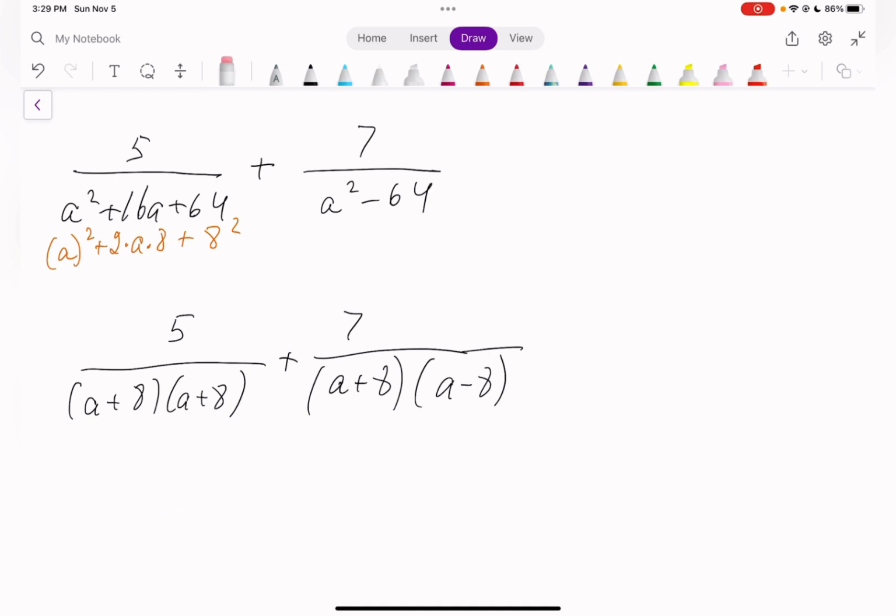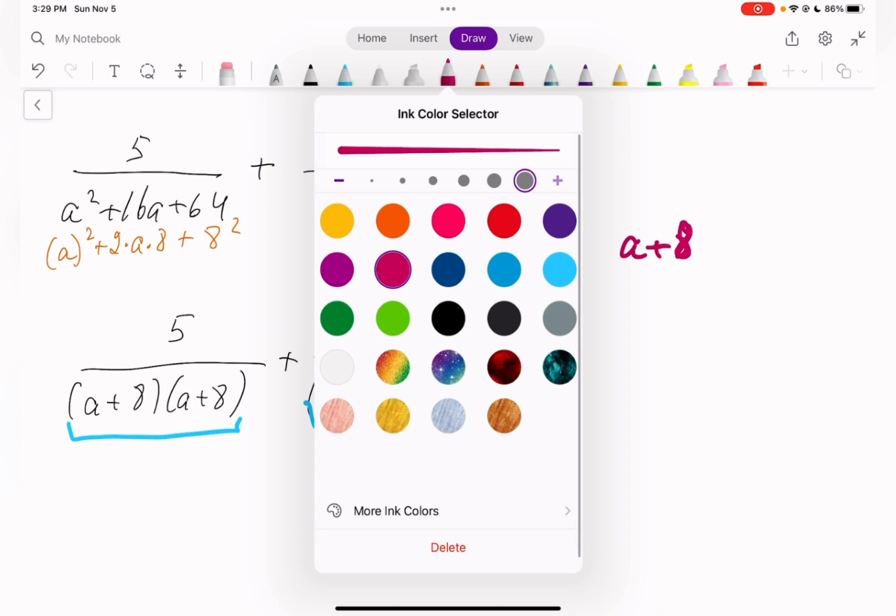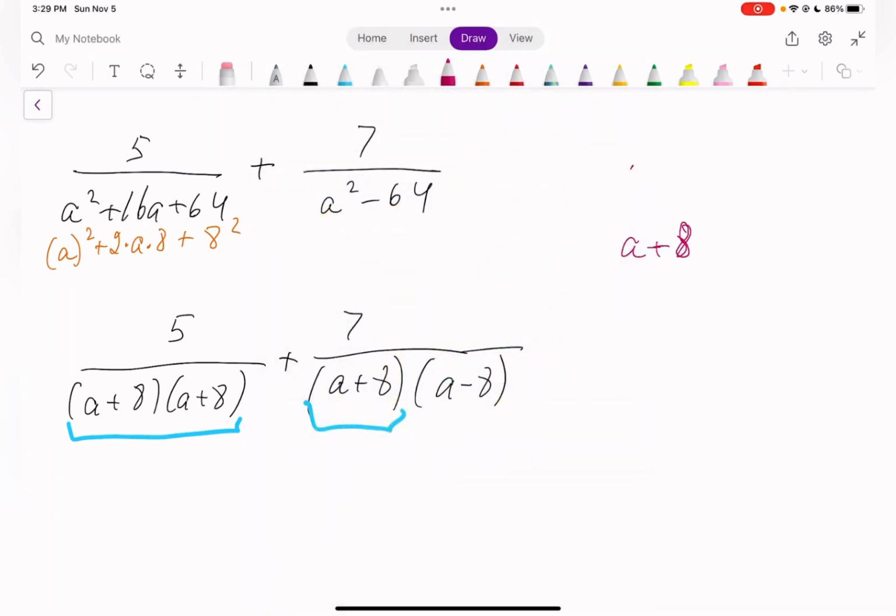Let me clean them since the other one have written. So what do we have? A plus 8, we have duplicate. So a plus 8 comes out as a common denominator. And the second one is going to be a minus 8.